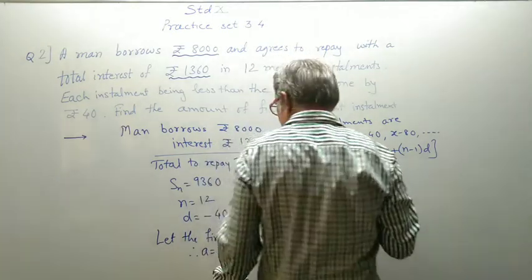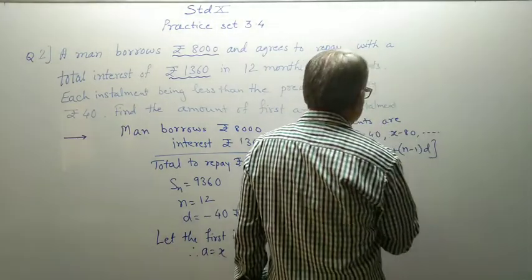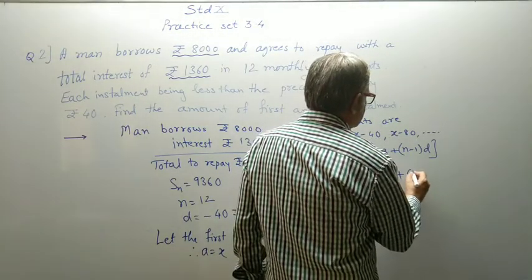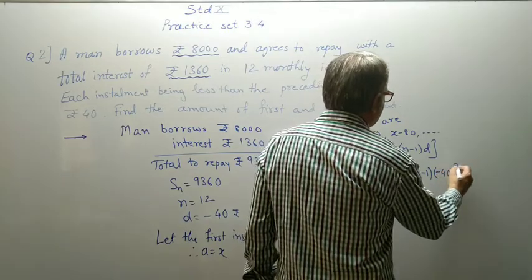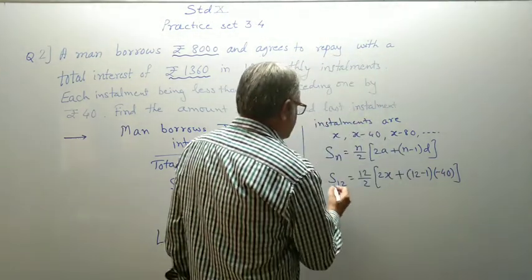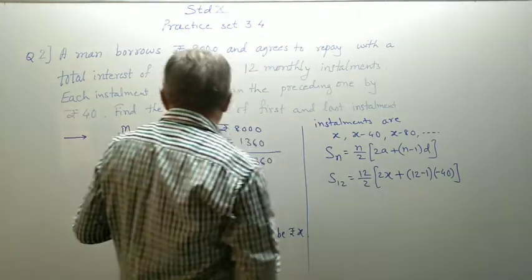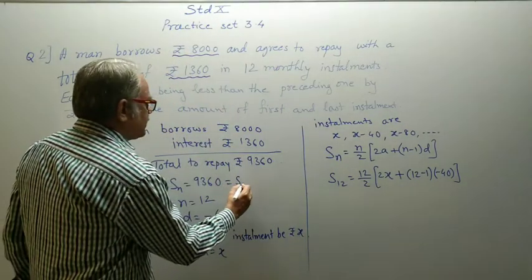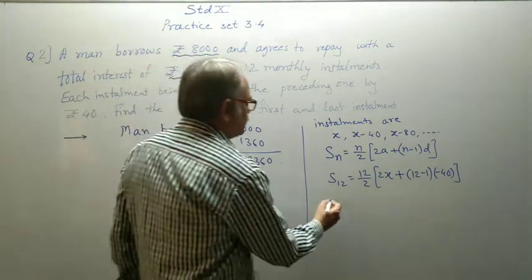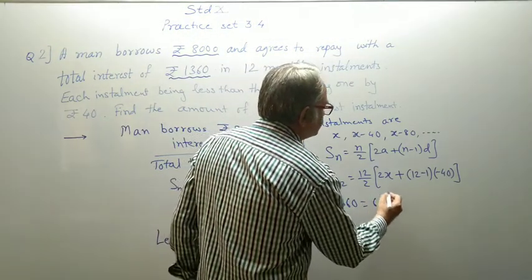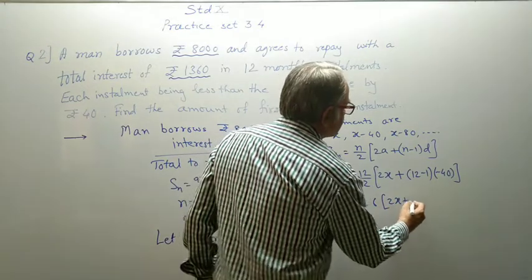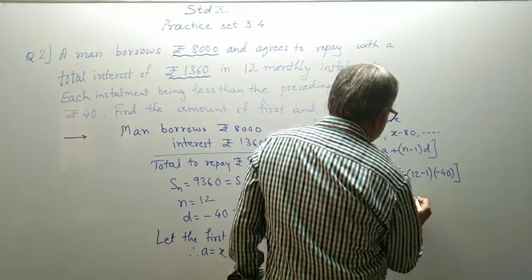Here we assume X. Plus 12 minus 1 into minus 40. S12 value is given, SN as N is 12, 9360 is equal to 6 bracket 2X plus 11 into minus 40.